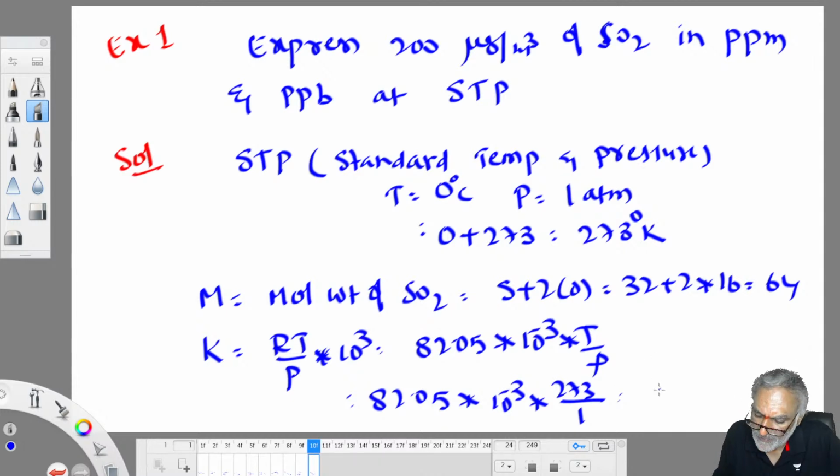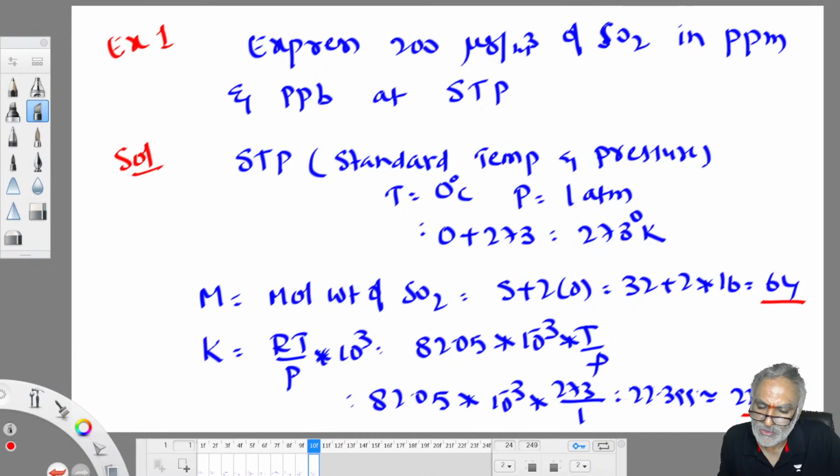It is 22.4. I got 22.399, so I round it to 22.4. So only two things you have to work out: M value, K value. M value we got 64, K value this much.